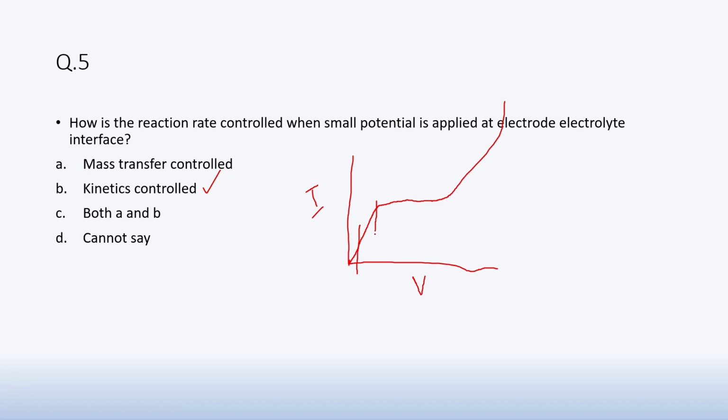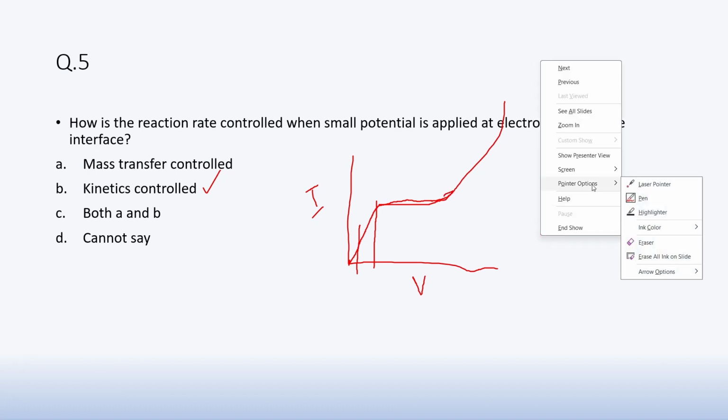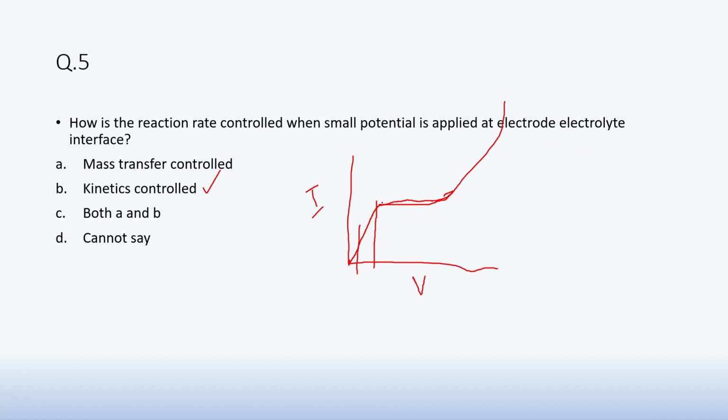Here you see whichever potential you are applying, there is a stable value of current. That means there is not much change in the current when you are applying potential. So this region is known as the mass transfer limited region, or the mass transfer controlled region. The region where you see linear behavior, as the potential increases the current is also increasing, is called the kinetic controlled region.